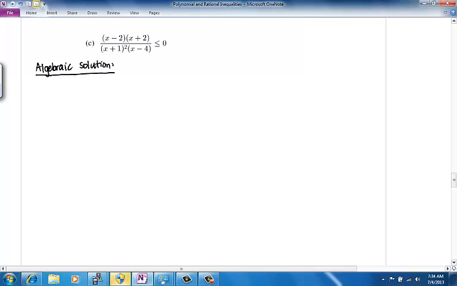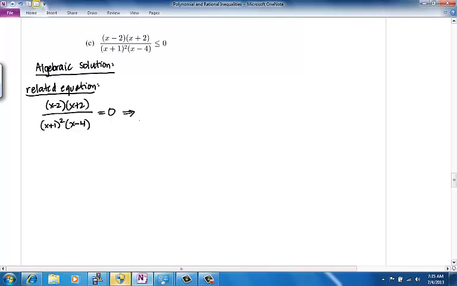So we'd have first our related equation, which would be (x minus 2) times (x plus 2) over (x plus 1) squared times (x minus 4), and we want to know where that's equal to 0.